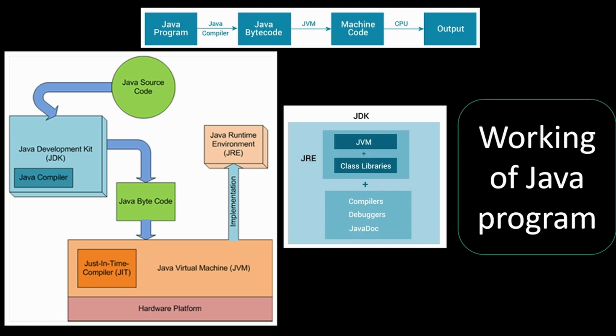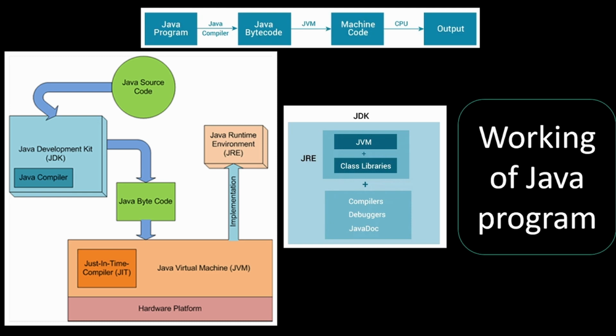The Java compiler understands Java source code, the JVM understands Java bytecode, and the CPU understands machine language code. When we write Java code inside our editor and then compile and run it, first the Java compiler converts this source code into bytecode.